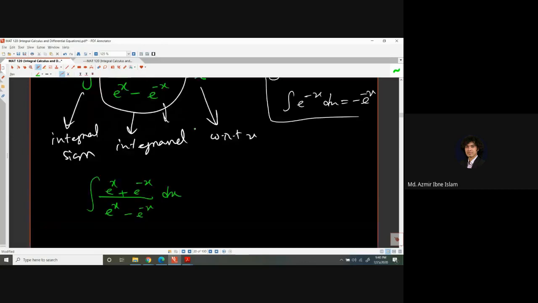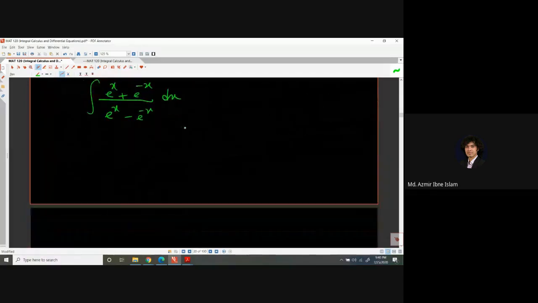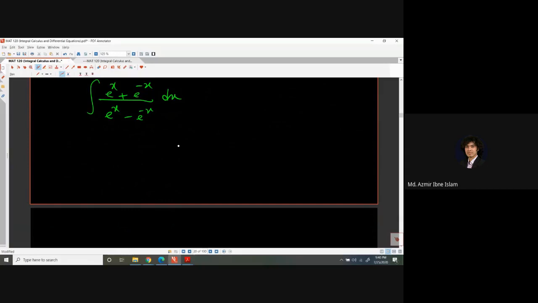Since we don't have any direct formula for this one, we can apply the U-substitution technique. And remember, the substitution technique is one kind of trial and error process. You can consider any function as u, and maybe that will be wrong, so you have to look for the correct function.